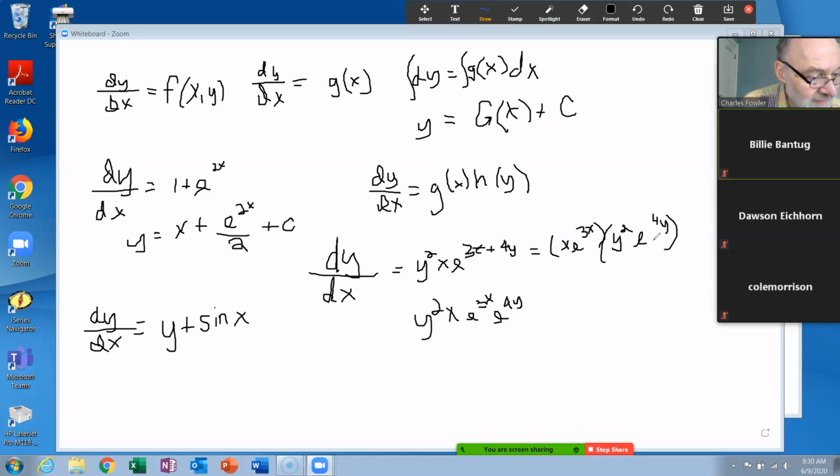By the way, in the second equation, there's no way of expressing y plus sine x as a product of functions of x and y. Now, they head off into a really complicated way of doing this.